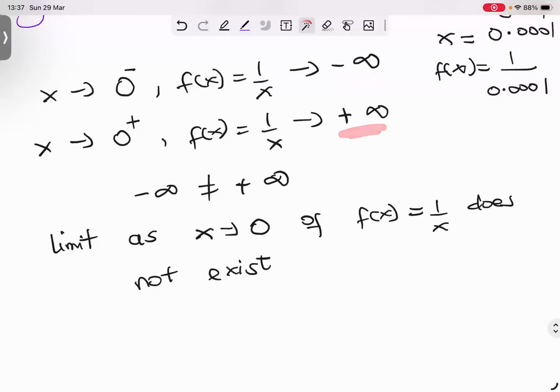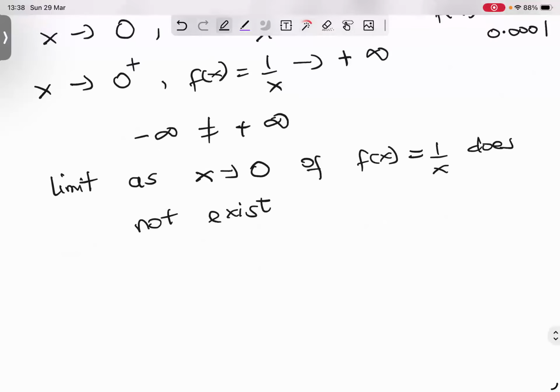The other is approaching positive infinity. So we notice that from the left, the function is behaving a different way as compared to from the right. Therefore, there is no consistency. And so the limit of the function does not exist because the behavior from the left is not the same as the behavior from the right, because the value from the left is not the same as the value from the right.